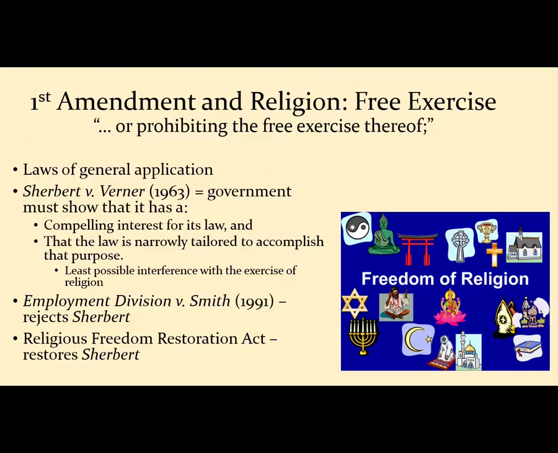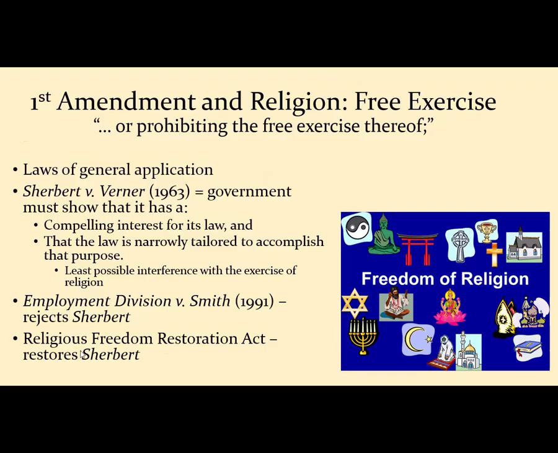And that law said if any law of general application interferes with a person's genuinely held religious beliefs and practices, then the state has this difficult burden here from the Sherbert case that they must show a compelling interest for their law that is narrowly tailored and the least possible interference with the exercise of religion. This is a difficult test for a government to satisfy. And so this act of legislation was an effort to invalidate the Smith decision and take back the Sherbert decision.